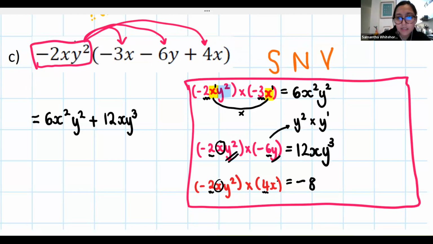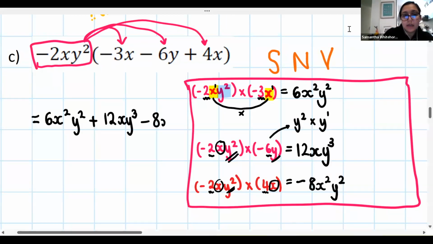I've got an x times an x, which gives us x squared. And then we've just got our y squared by itself again. So this is just y squared. So what I want to do now is go and write down this final product: minus 8x squared y squared.